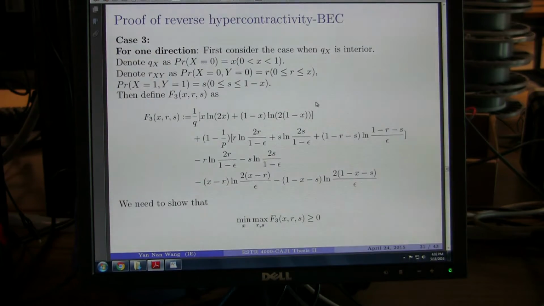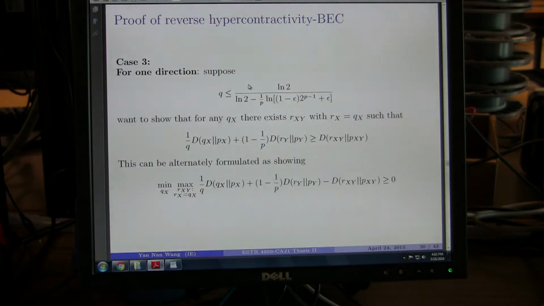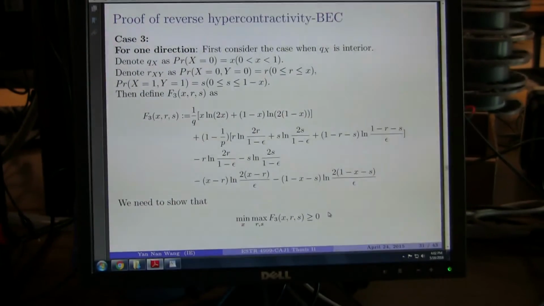Actually, by the lemma in the following pages, we could see this expression is exactly below the correlation bound. So, to show that when Q is less than that upper bound the minimax value of f3(x,r,s) is non-negative, it's enough to show that when Q is taken as the correlation bound, the minimax value of f3(x,r,s) is non-negative.